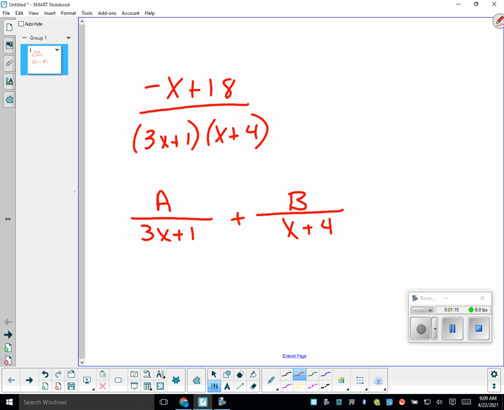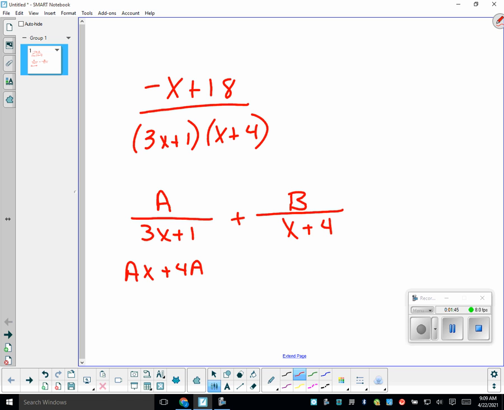All right? Now I get a common denominator with these two. Would it be this one? Right? So what should I multiply my A by to have that denominator? X plus 4. So I have Ax plus 4A.